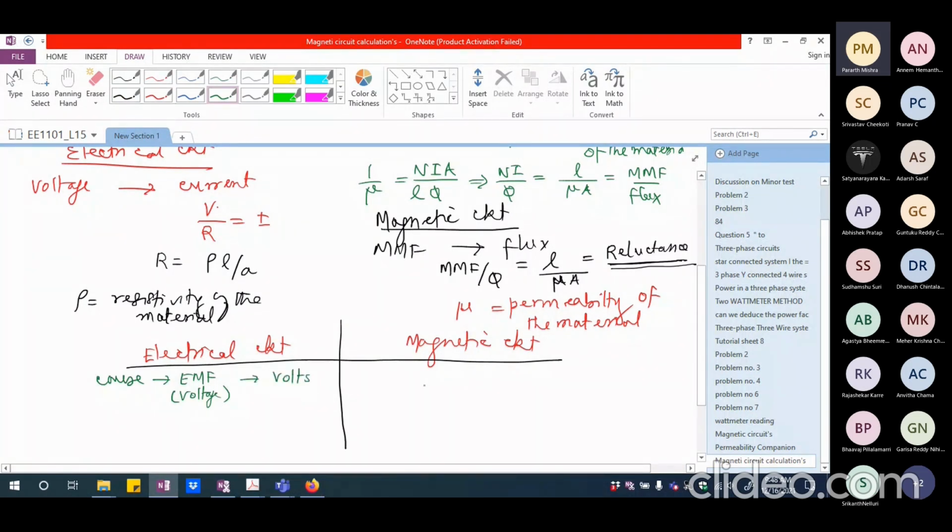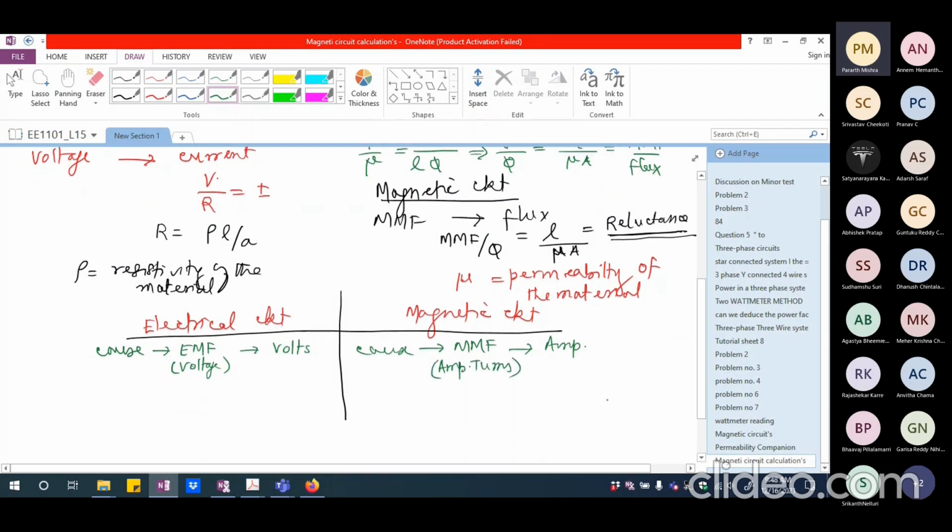Whereas here the cause is going to be MMF, and the unit is going to be ampere, because I'm neglecting the number of turns here, since dimensionally it is not going to have any unit. That is the reason why, although I have to write MMF as ampere turns, I'm writing the unit as ampere.